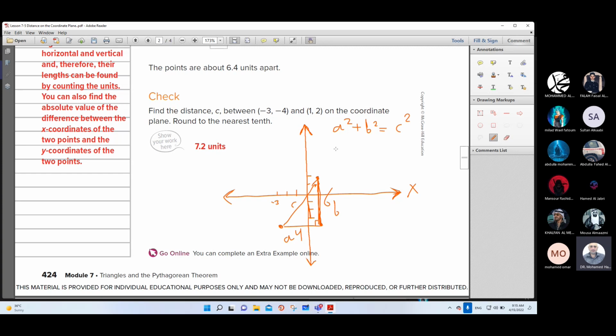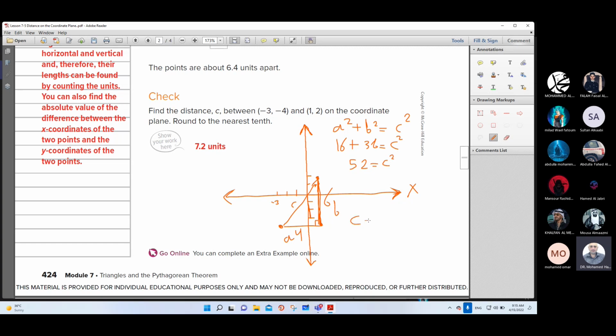So a means 4 squared. 4 squared means 4 times 4 means 16. B is 6. 6 squared means 6 times 6 will be 36. Equals c squared. We can add now. It will be 52 here. 16 plus 36 equals c squared.